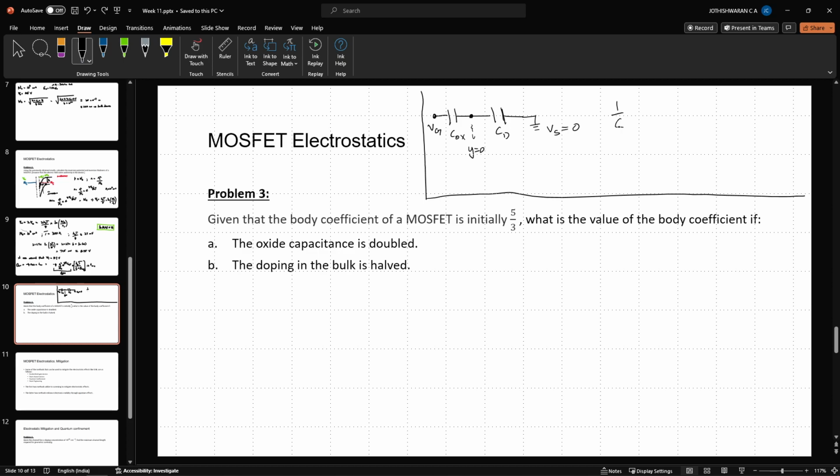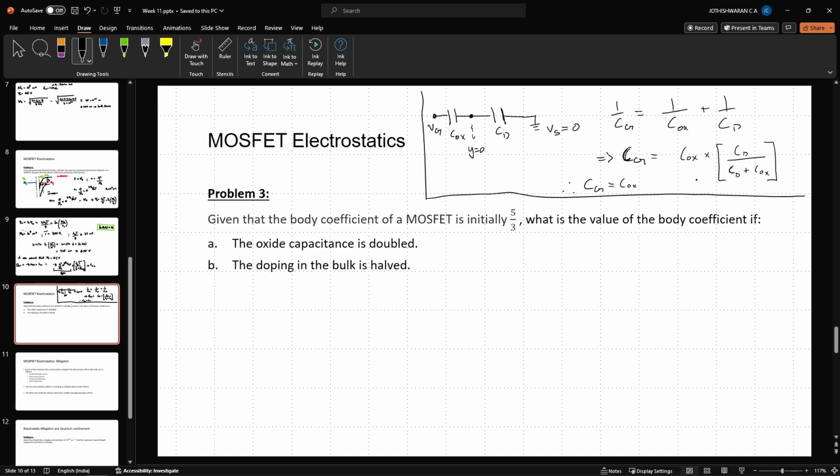Why do I keep writing G before C? Cg is equal to 1 by oxide capacitance plus 1 by Cd. So this gives us Cg is equal to Cox into Cd divided by Cd plus Cox, and this further implies, therefore, Cg is equal to Cox.